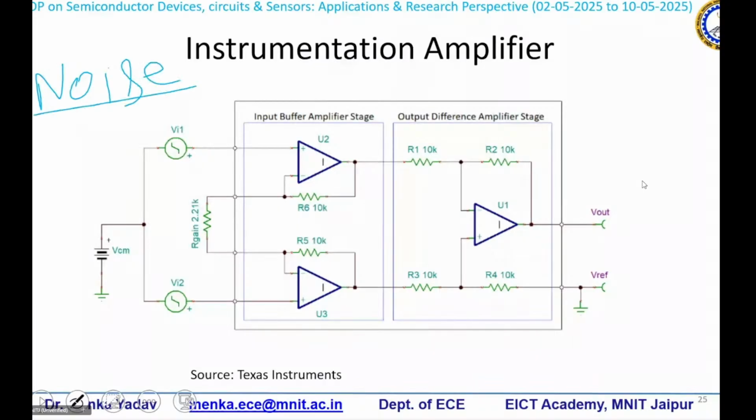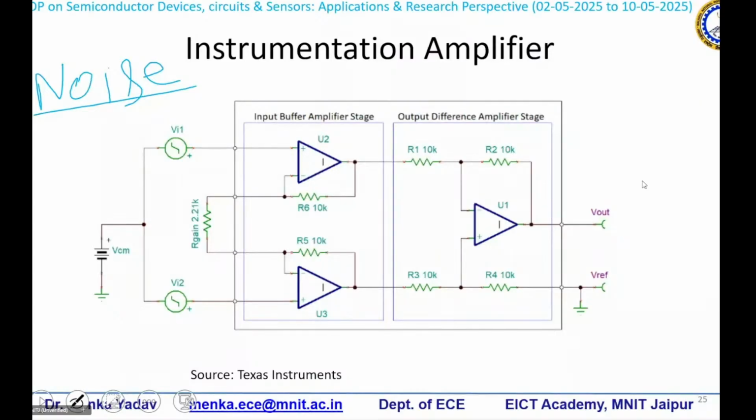Op-amp itself reduces the noise, but the instrumentation amplifier, on top of whatever the op-amp produces, is going to reduce it further. So with an instrumentation amplifier we are looking for noise rejection, especially common mode noise rejection.